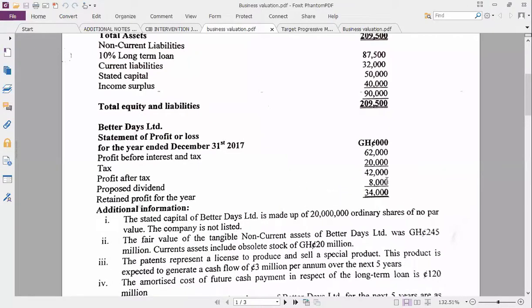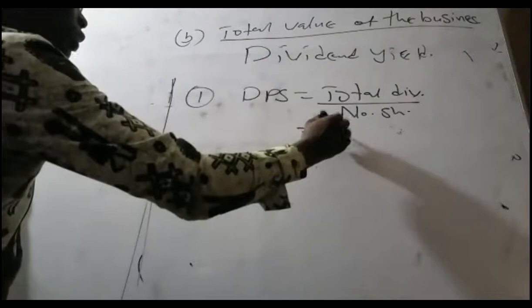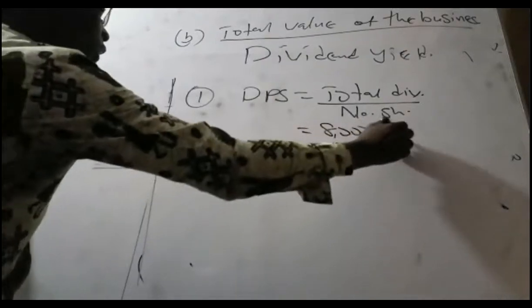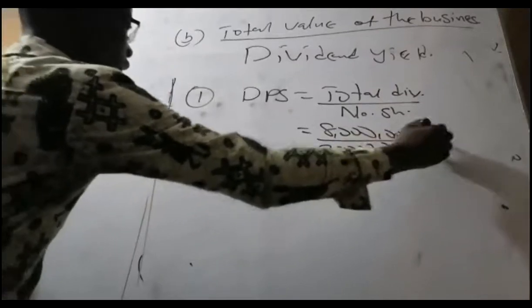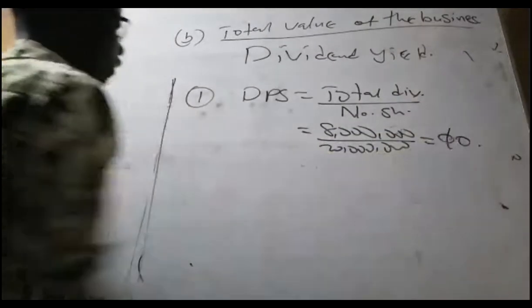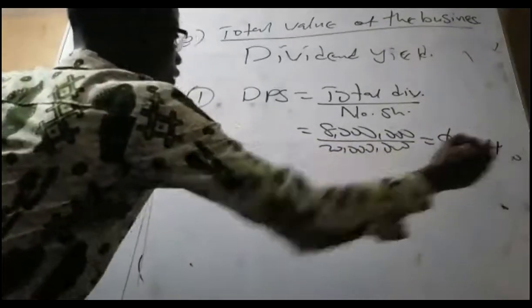The dividend is 8 million, divided by the 20 million number of shares. 8 million divided by 20 million gives 0.4 Ghana cedis.